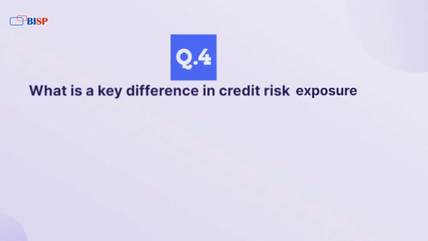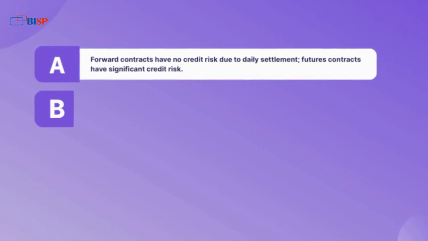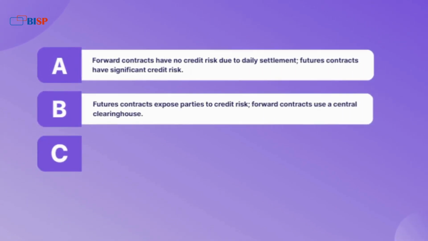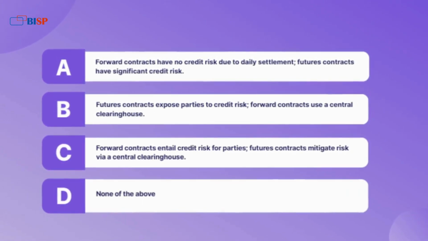What is a key difference in credit risk exposure between forward and futures contracts? A. Forward contracts have no credit risk due to daily settlement. Futures contracts have significant credit risk. B. Futures contracts expose parties to credit risk. Forward contracts use a central clearinghouse. C. Forward contracts entail credit risk for parties.